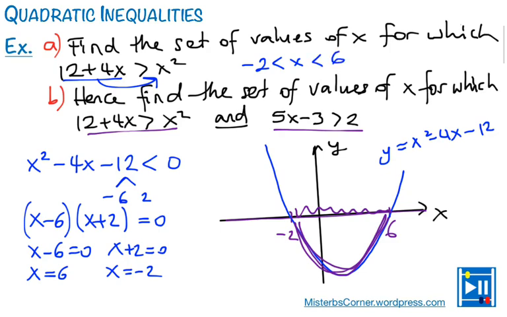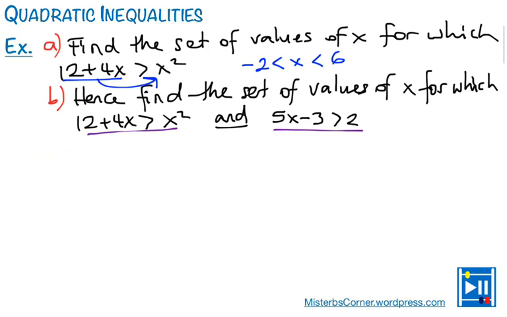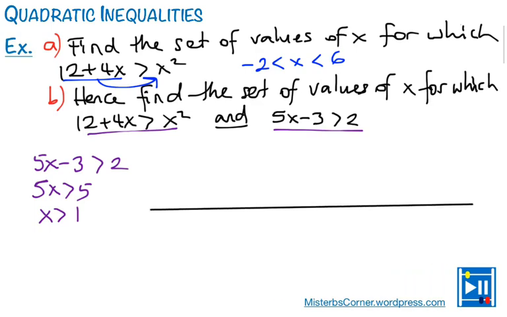Now, let's look at the second part. Certainly I need to solve 5x minus 3 is greater than 2. Well, that's going to be 5x is greater than 5. And then x will be greater than 1 if you divide both sides by 5. Now, let's look at the number line.